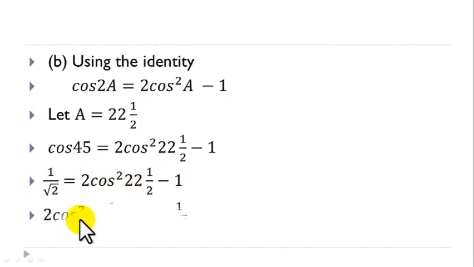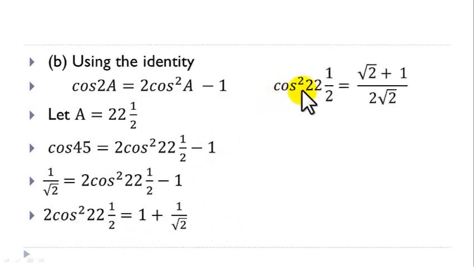That is, 2 cos squared 22 and a half is equal to 1 plus 1 all over root 2. 1 plus 1 over root 2 is root 2 plus 1 over root 2. Dividing both sides by 2, we obtain cos squared 22 and a half is equal to root 2 plus 1 all over 2 root 2.